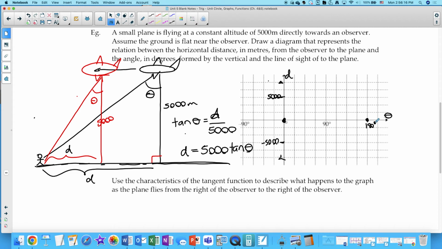And then the only other one that I see is at the -90 degrees. And then in between 0 and 90, which is the 45 degrees, that's usually where I have the point 45 degrees, 1, or pi by 4, 1, because the tangent of 45 degrees is 1. But now it's going to be 5,000 times 1. So this is now over here. And this is down here in between.